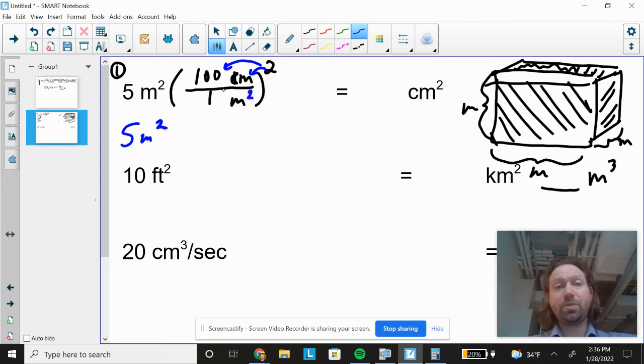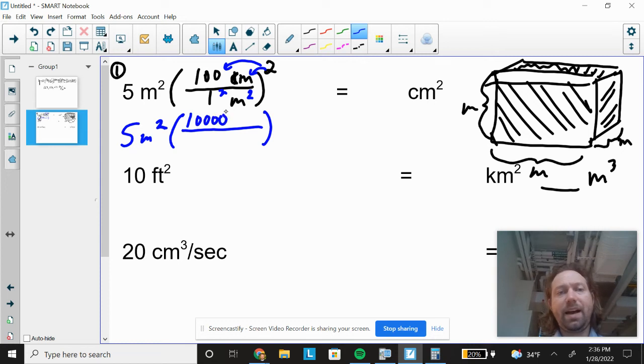So this would also be squared. And so the way I should be writing this is 100 squared, 100 squared is 10,000 centimeters squared. And then 1 squared is just 1, and then meters squared.